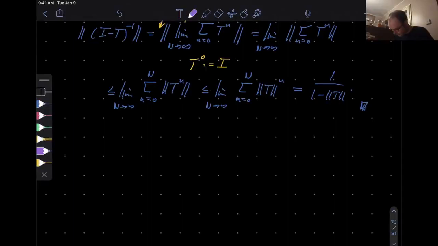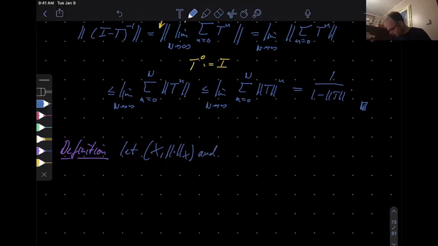First off, we need a short definition. So let X and Y be normed linear spaces.